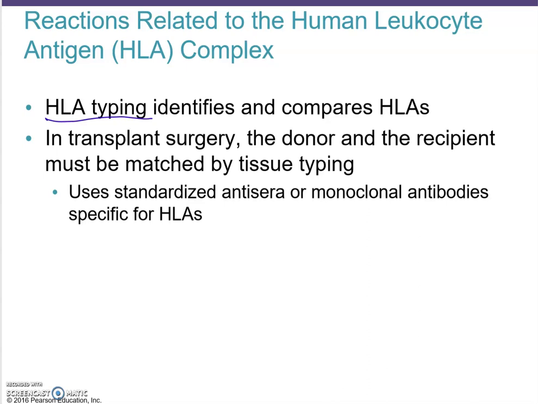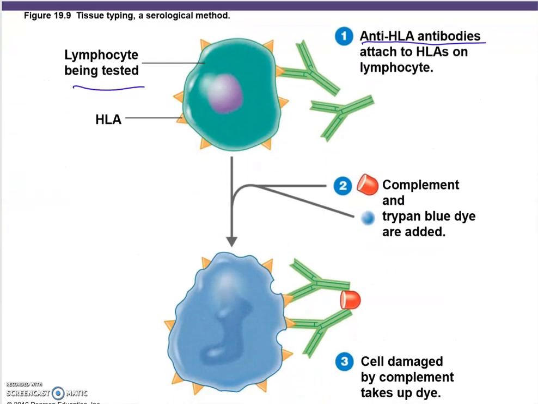And the HLA typing uses standardized antiserum monoclonal antibodies for the specific HLA. So here, tissue typing is done using the serological method. Here in green is the lymphocyte to be tested, and these are the HLA antigens that you want to find out what specific type somebody has.